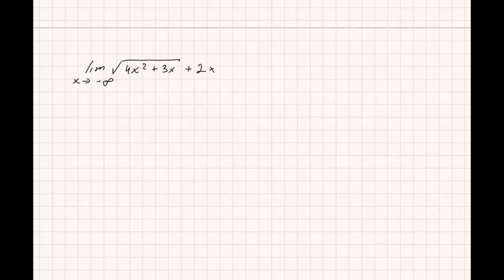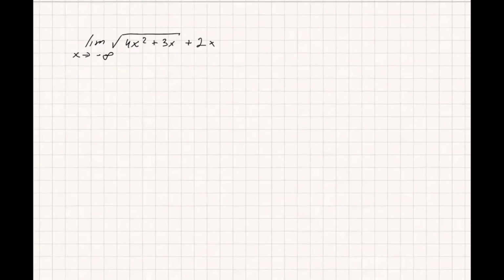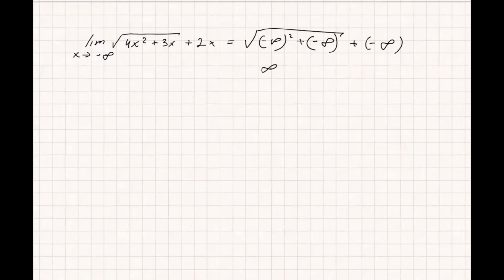In this case, it's very difficult to see what's actually going on, because if we just plug in negative infinity, we get infinity minus infinity minus infinity. So this expression doesn't make any sense and you should not write it this way.